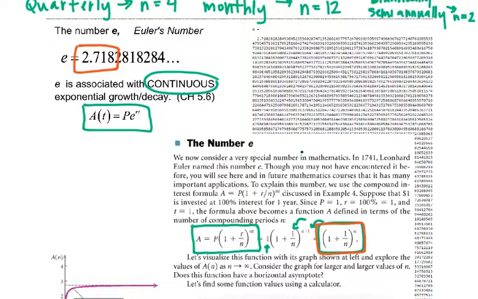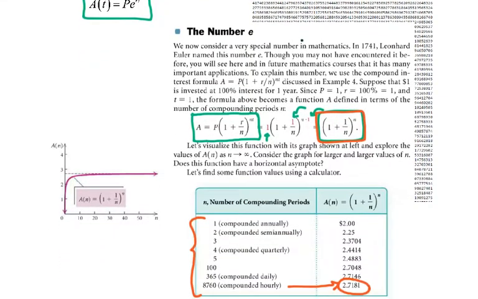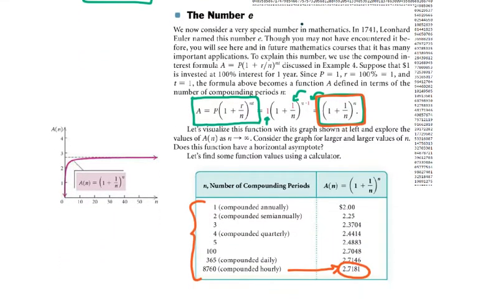You see those numbers there? So what happens is, as we consider increasing the number of times we compound something, this output approaches an approximation of E. So this is how E is developed. And I just like to put it in here because I think it's interesting.